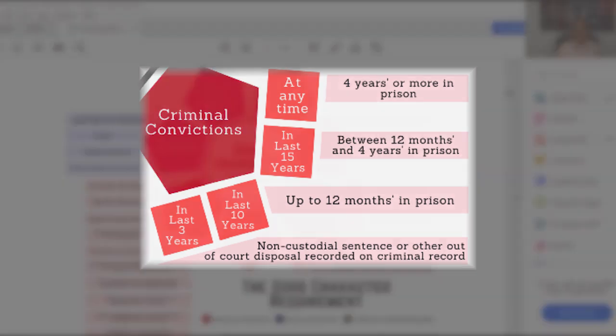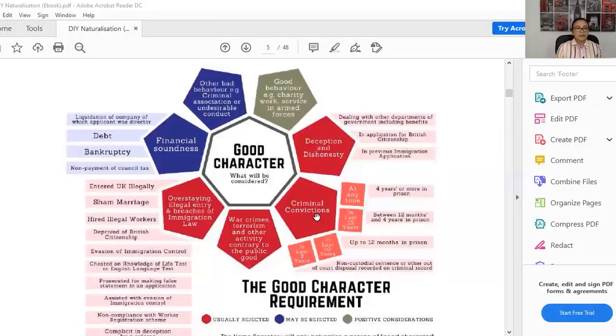In fact, one example of this is I had a client who applied for British naturalization, and when he applied, he did not have any criminal record. But before the Home Office looked at his application and made a decision, he was in trouble. He had an argument with his wife, there was a domestic violence incident, and he got arrested and charged with criminal damage of property, or aggravated assault, something like that.